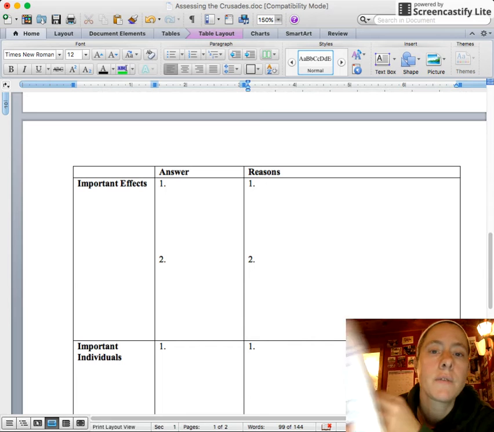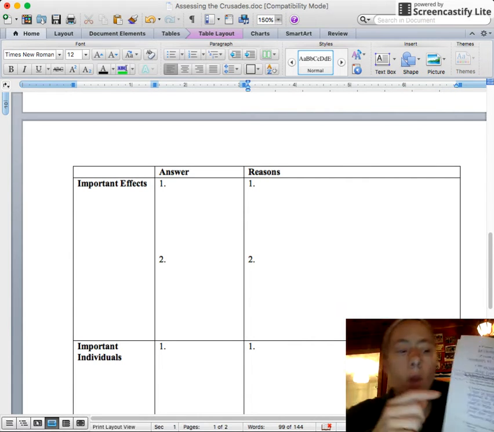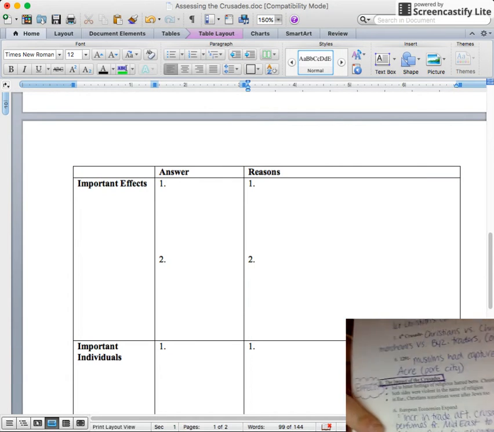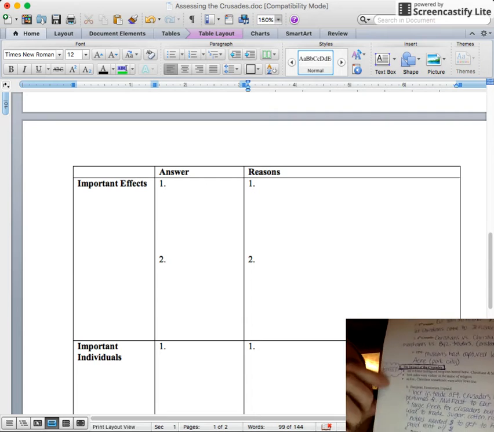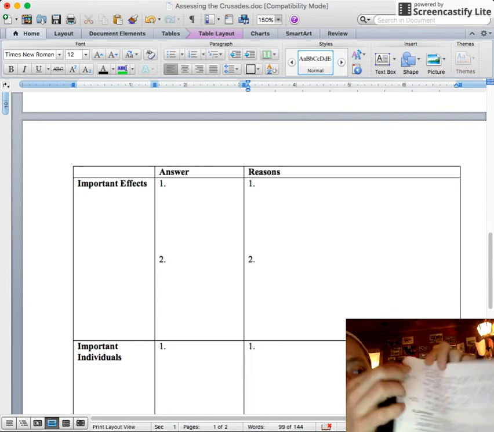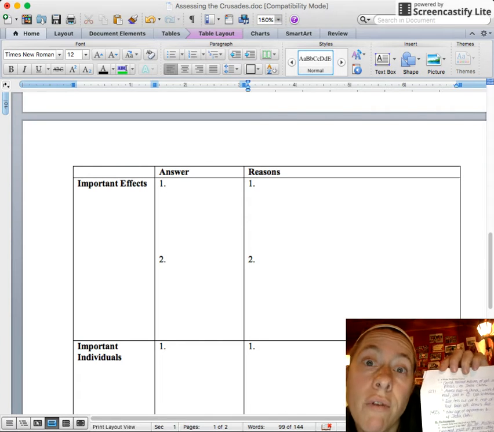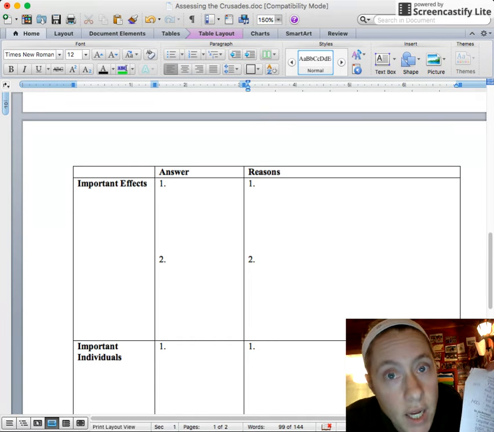Effects. The effects of the Crusades start on page 2, where it says Roman numeral, impact of the Crusades. I had you write effects, or I told you to when we were going over it. So these are all effects, and actually they go on to page 3. At the top of page 3, where it says a wider worldview evolves, those are also all effects for the Crusades.